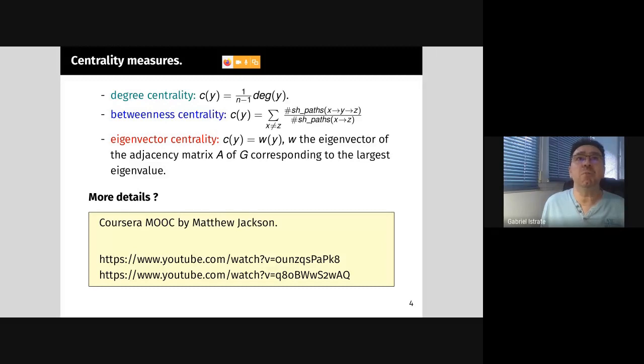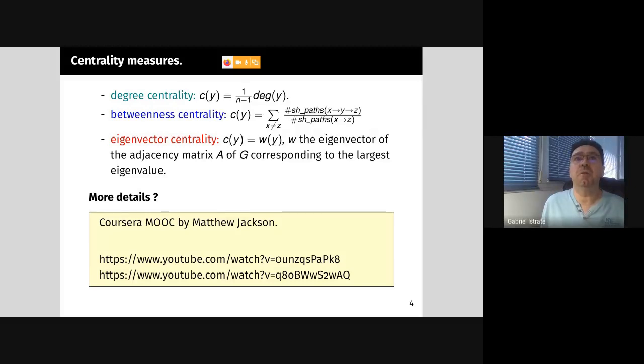But there are other ways in which nodes may be important. For instance, a notion called betweenness centrality measures the extent to which a node lies on many shortest paths.